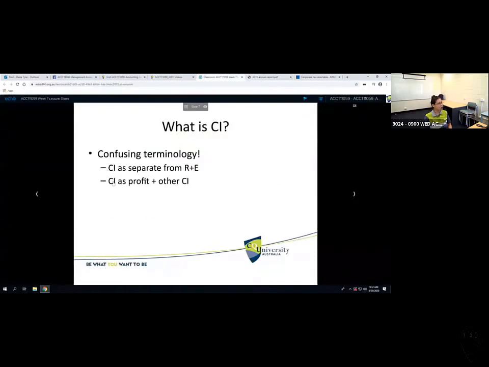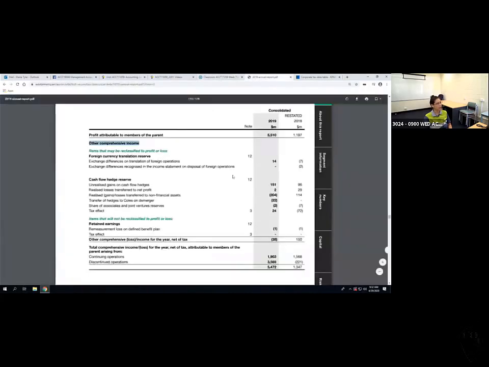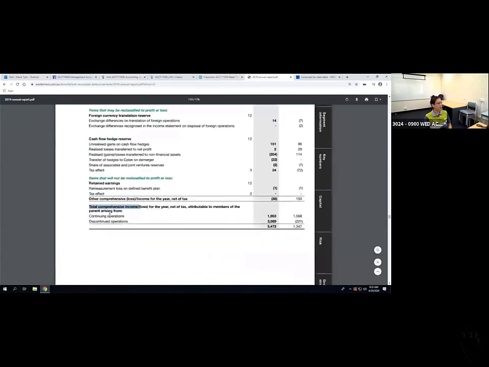Then we have total CI, which is our profit figure from our income statement, plus our other CI. So it's the 5510 in my case, minus, because it's negative, 38, which gives me my total CI of 5472. Now, notice that my company, Wesfarmers, has split up total CI into continuing operations and discontinued operations.